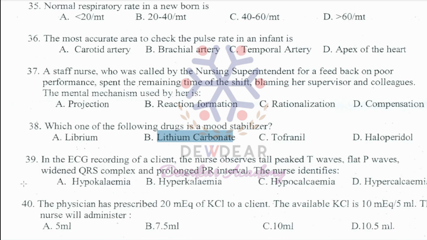Question number 39. In the ECG recording of a client, the nurse observes tall peaked T waves, flat P waves, widened QRS complex and prolonged PR interval. The nurse identifies: hypokalemia, hyperkalemia, hypocalcemia, hypercalcemia.